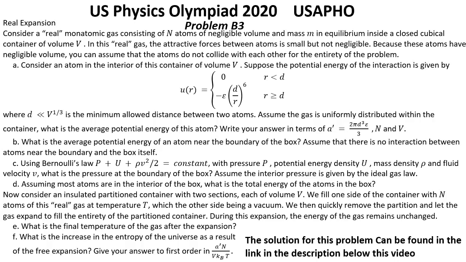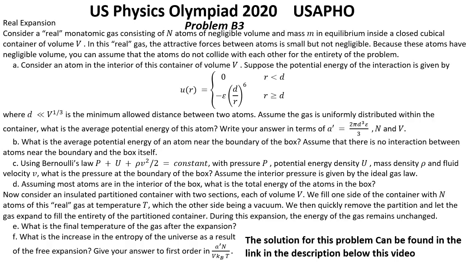Question C. Using Bernoulli's law, P plus U plus rho v squared over 2 equal constant, with the pressure P, potential energy density U, mass density rho and the fluid velocity v. What is the pressure at the boundary of the box? Assume the interior pressure is given by the ideal gas law.